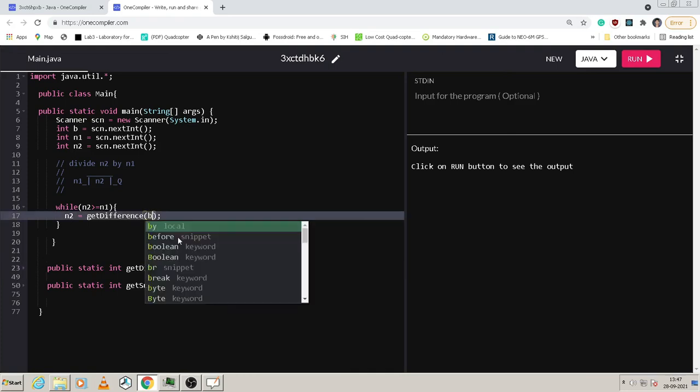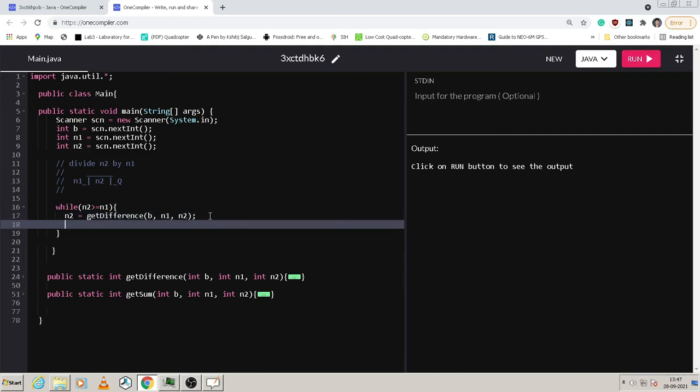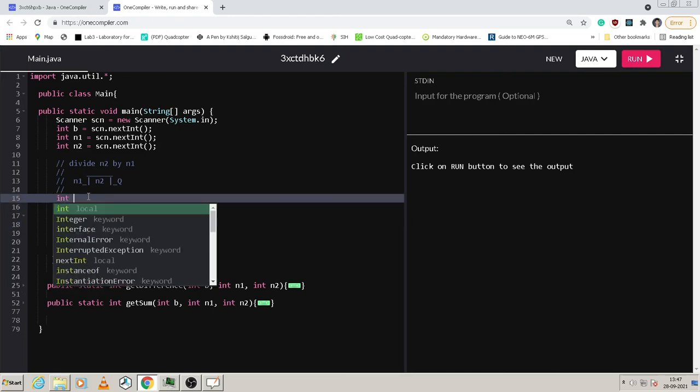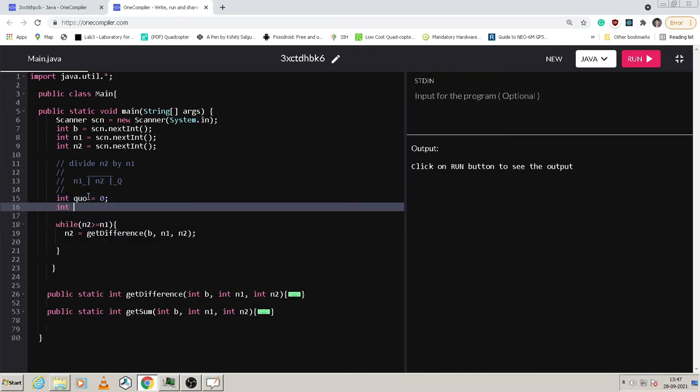So we have to pass base, then the number n1 and the number n2. It will subtract n1 from n2 and will give the result which will be stored in n2 itself. So now subtraction has been done. What we had to do, increase the count variable, and we haven't created a count variable, so let's create it now. int quotient is equal to 0, also make the remainder variable.